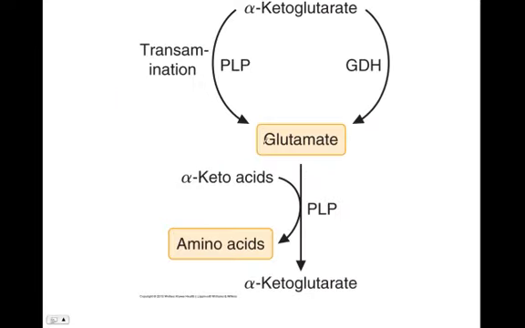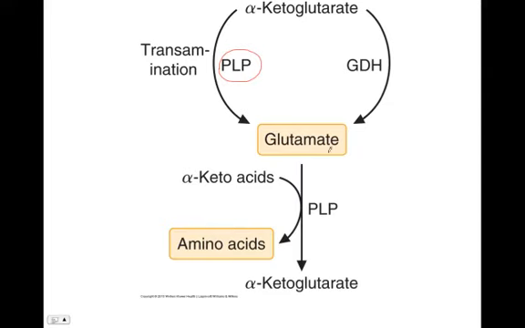So glutamate, again, will play a pivotal role in this pathway for us. And it can be generated through transamination using pyridoxal phosphate or through the reaction we just looked at using glutamate dehydrogenase. Glutamate can then function as an ammonia carrier for amino acid synthesis.